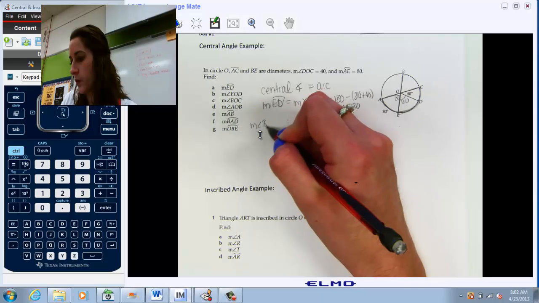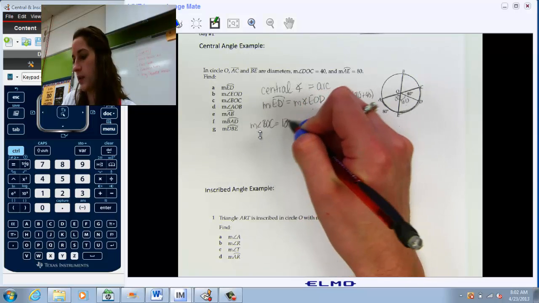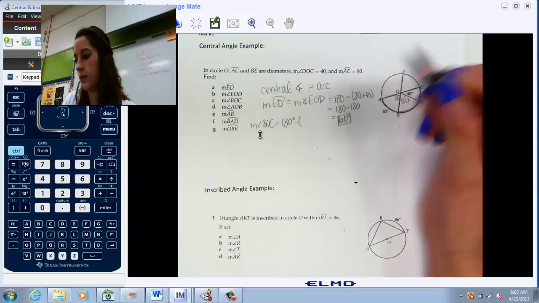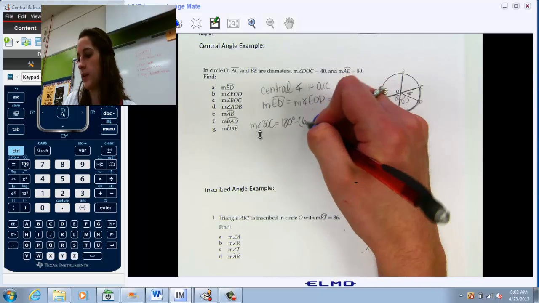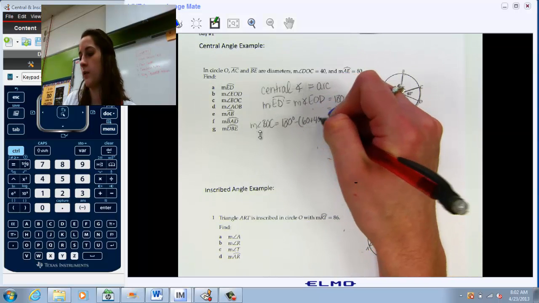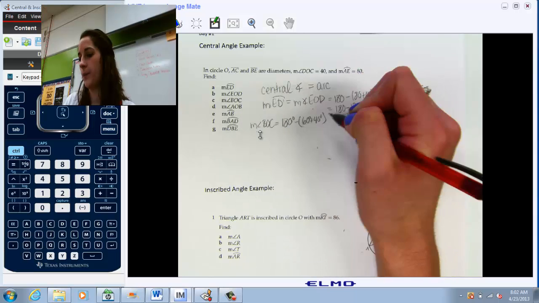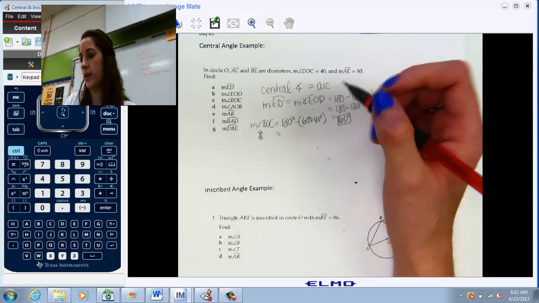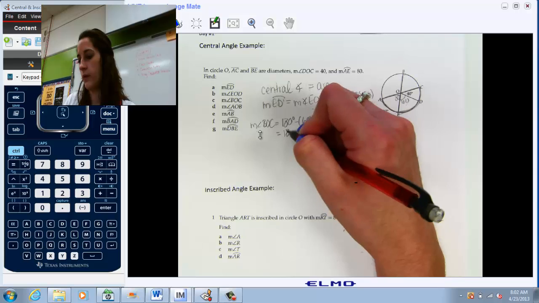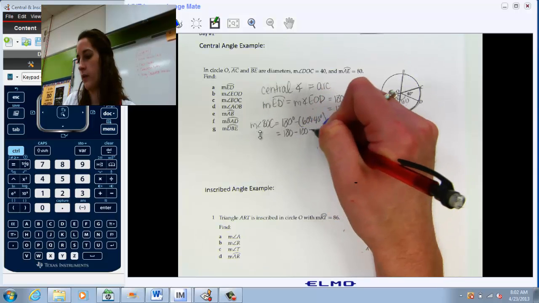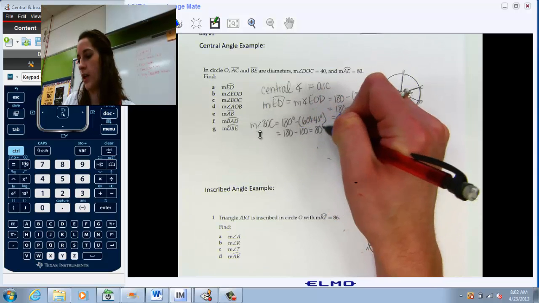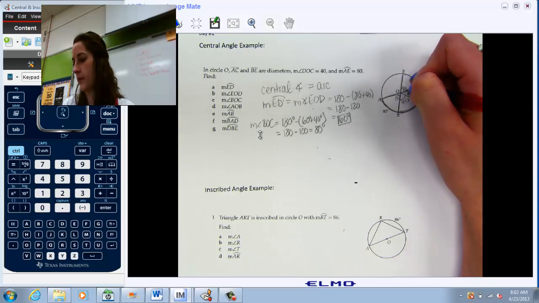So the measure of angle BOC is 180 degrees minus 60 plus 40 degrees. And we are going to get the angle measure of 80 degrees. Let's go ahead and fill that in.